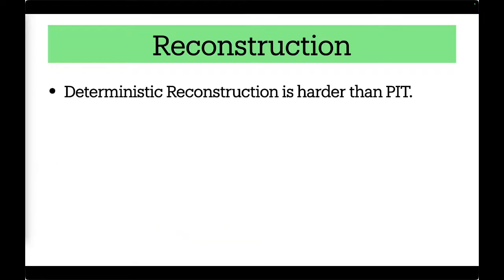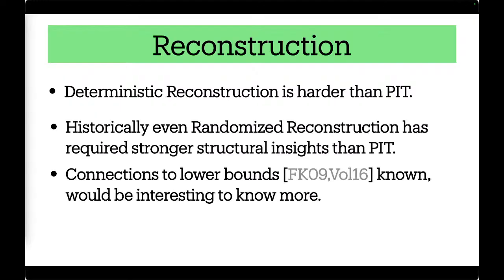If you think for a minute, you will see that deterministic reconstruction is harder than derandomizing PIT. And even worse, historically what we have observed is that for the classes where we do know randomized reconstruction, we have required stronger structural insights into the model than were just required for PIT.